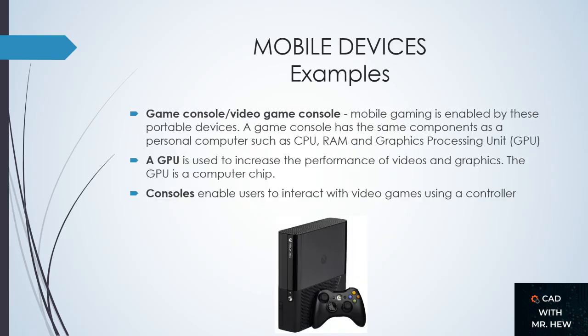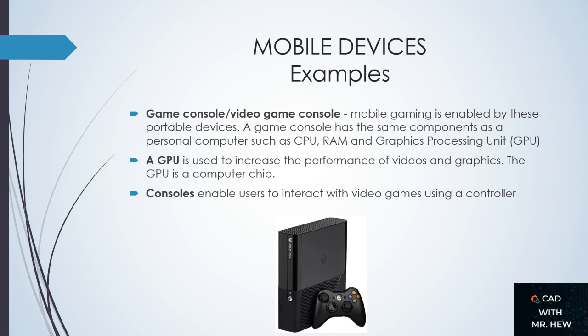Let us look at the mobile devices. We're looking now at some more examples. So we have handheld gaming consoles. Mobile gaming is enabled by these portable devices. A game console has the same components as a personal computer, and these components are the CPU, RAM, and graphics processing unit.